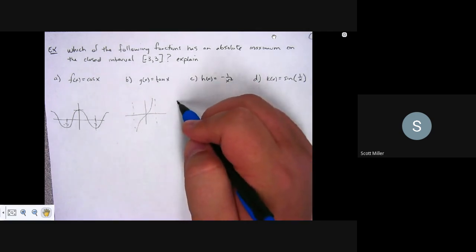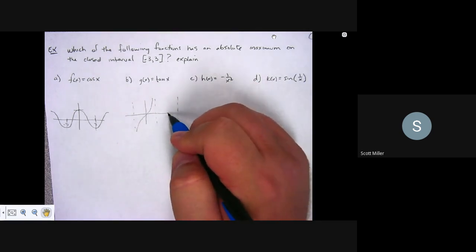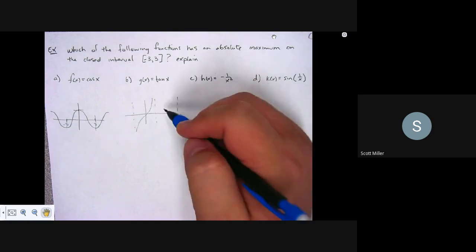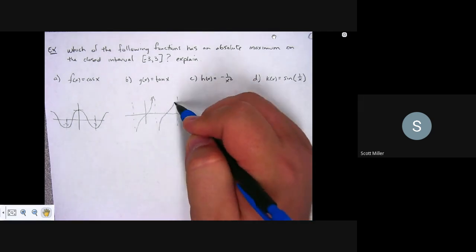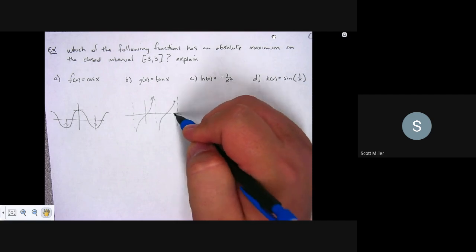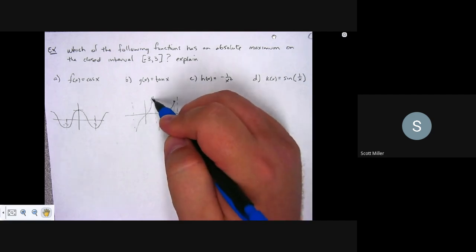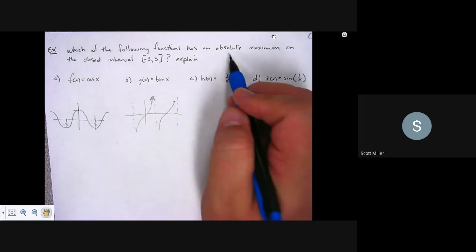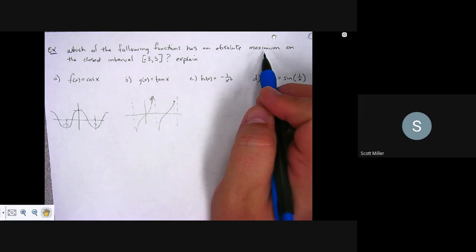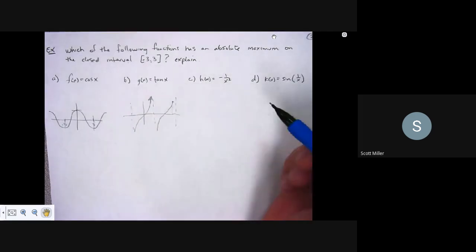So you have another vertical asymptote here. It doesn't matter. Even though this one comes up and stops at 3, this one does not. So this one continues on forever in an upward direction. So there is no absolute max, which is what we're trying to determine. And it's not continuous on that interval.